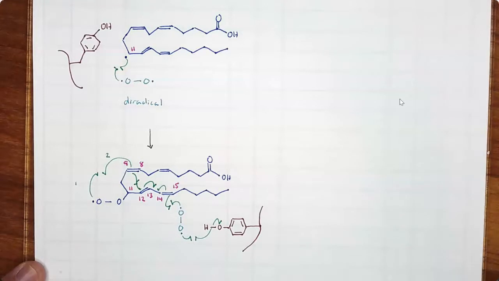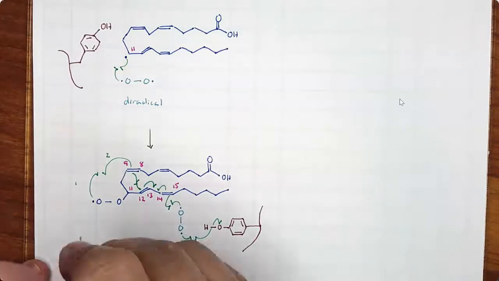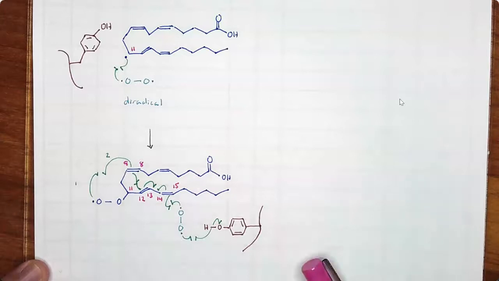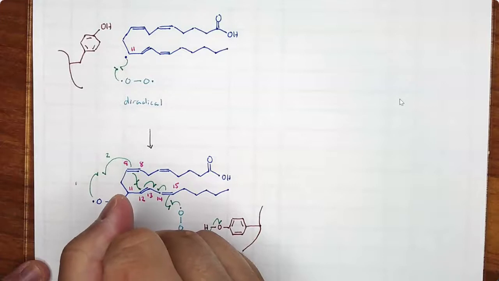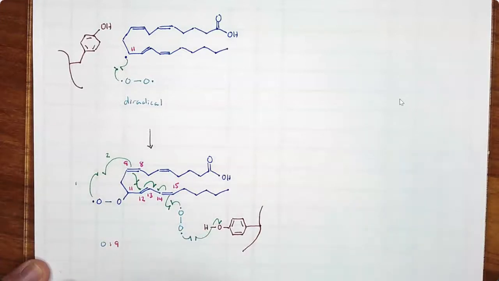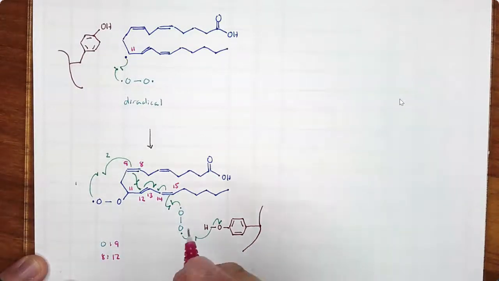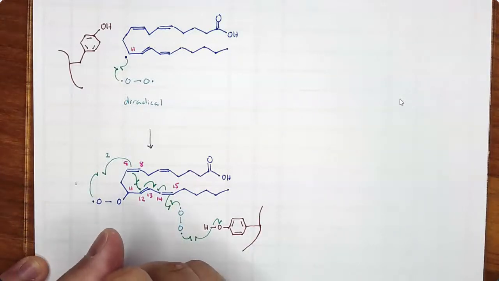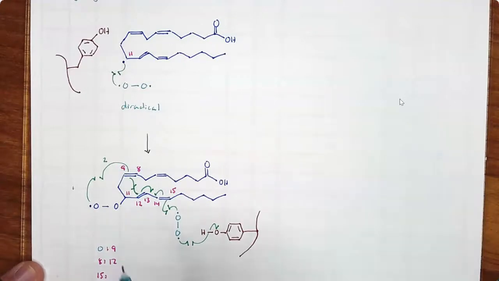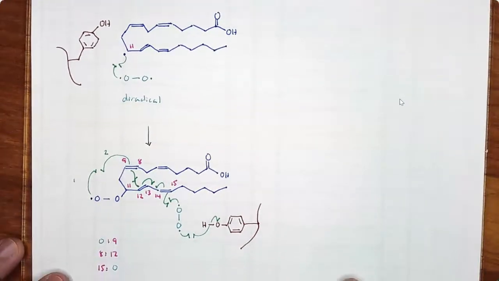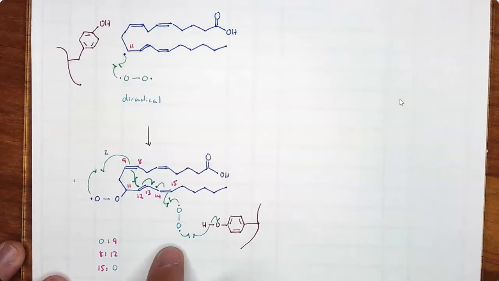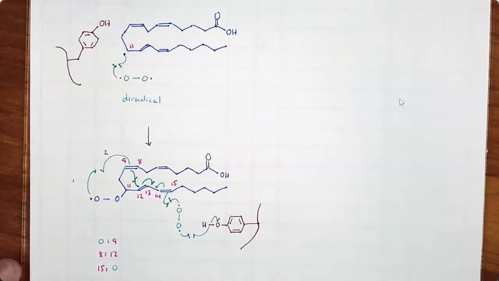You are connecting the oxygen to carbon number 9 and carbon number 8 to 12, and then shifting the double bonds, and ultimately you connect 15 to oxygen, and that will end up being an OOH.